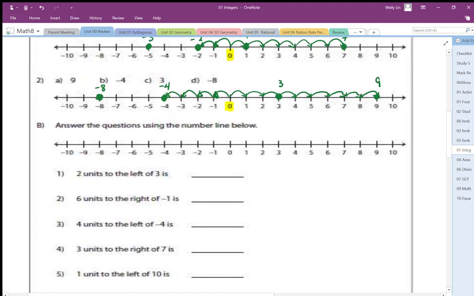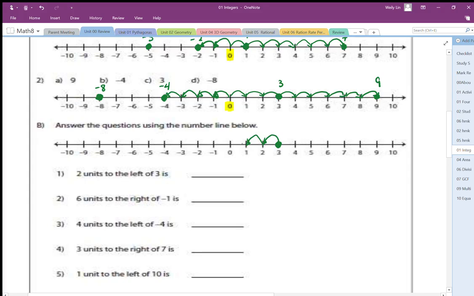So here, since the integers indicate position, we can answer problems that relate to the positioning and the relative positioning of these numbers. It says 2 units to the left of 3 is, well, here is our +3, and we're going to go 2 units to the left. So 1, 2 to the left, which is different than if we went to the right.